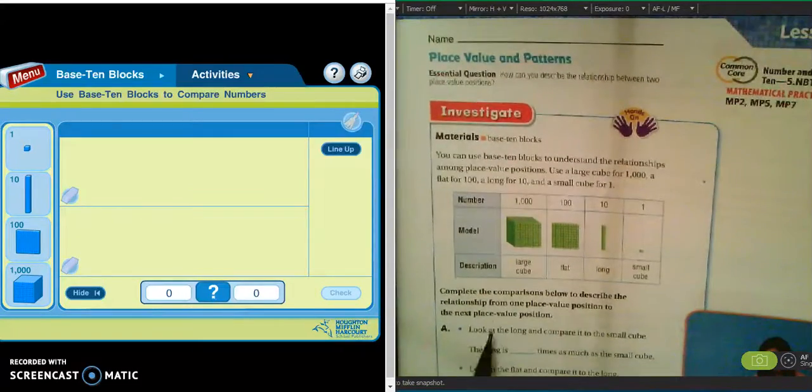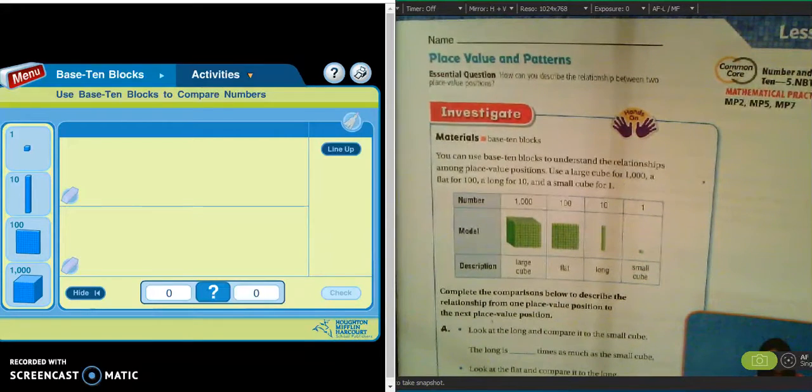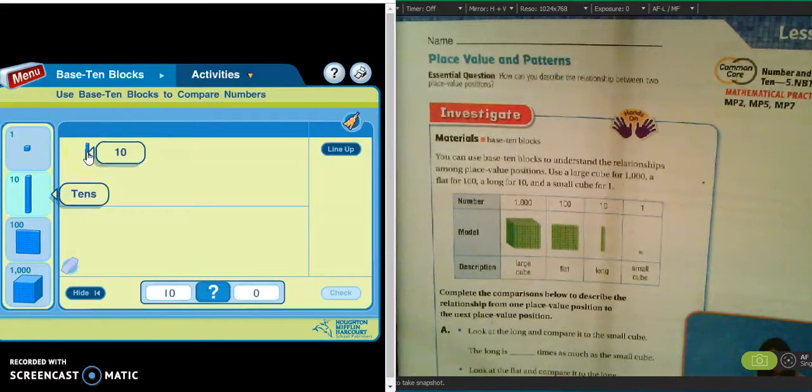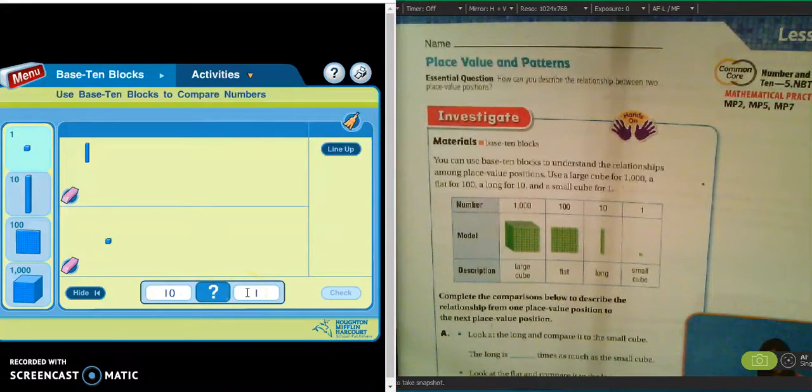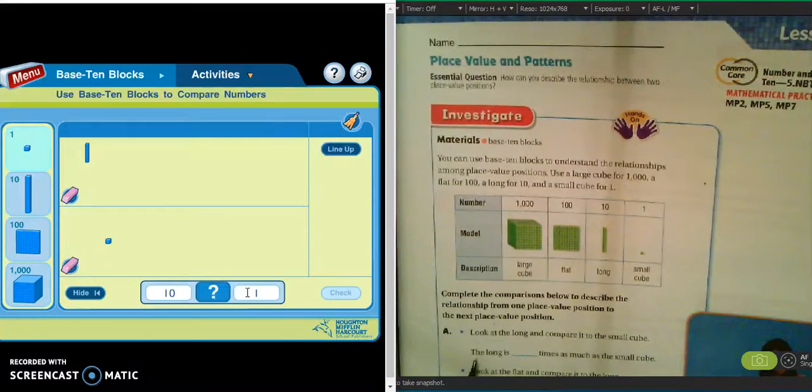So the first one we're going to look at, it says, look at the long and compare it to the small cube. So if we take a long and we compare it to the small cube, well, right now we have 10 to 1. But it's asking us the long is how many times as much as a small cube.